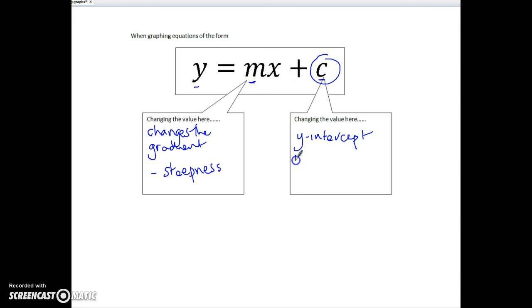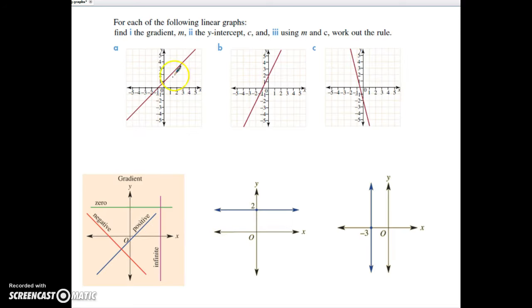And that's just where the line cuts the y-axis. If you know the gradient and you know the y-intercept, it's really quite simple to put the graph onto the axes. The converse of that is if you know what the graph looks like and you're asked to work out what the rule is.